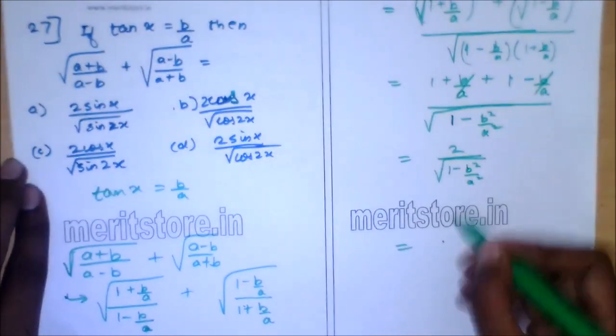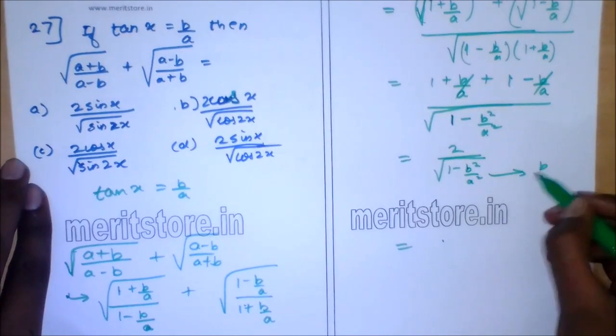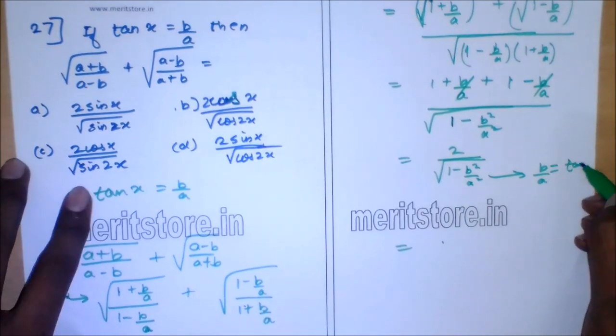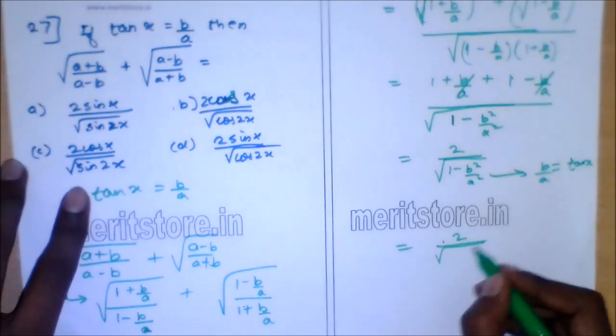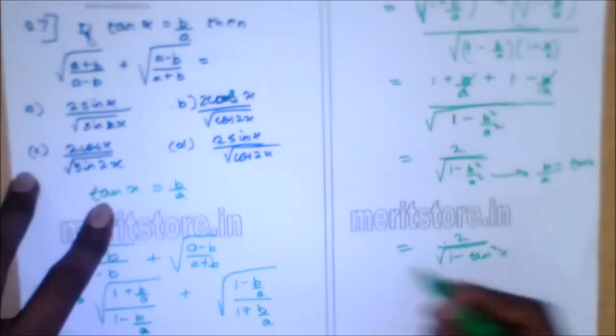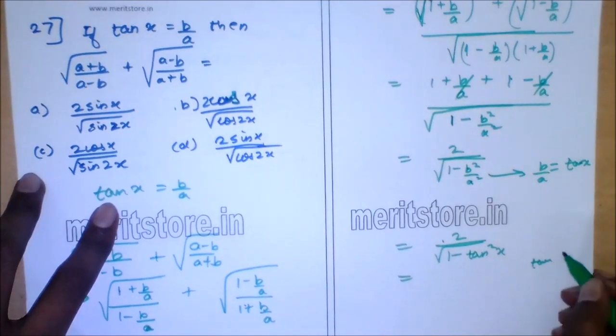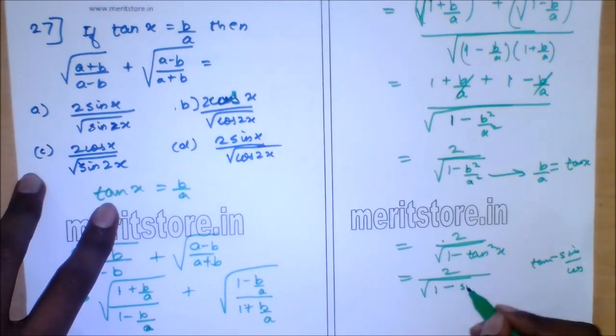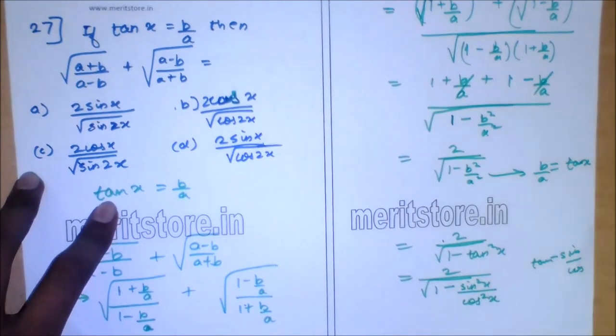Rearranging the terms and substituting b by a equal to tan x, we get 2 upon root of 1 minus tan square x. tan x is sin x upon cos x. So this is root of 1 minus sin square x upon cos square x.